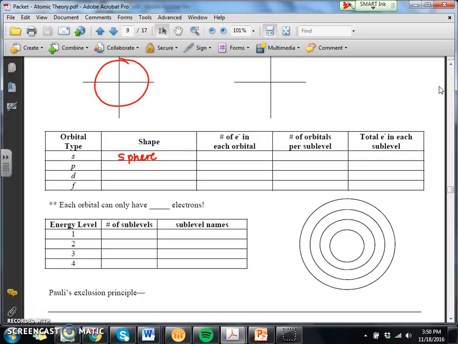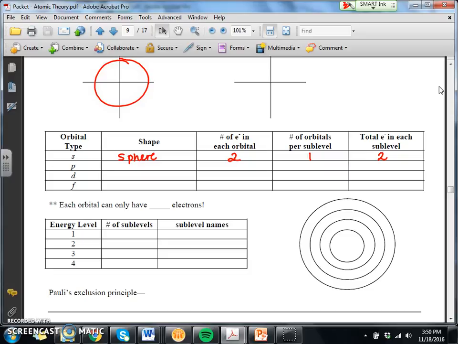Now, an orbital can only have two electrons in it. And the sublevel s has only one orbital in it. So 2 times 1 gives me a total of 2 electrons in my sublevel s.